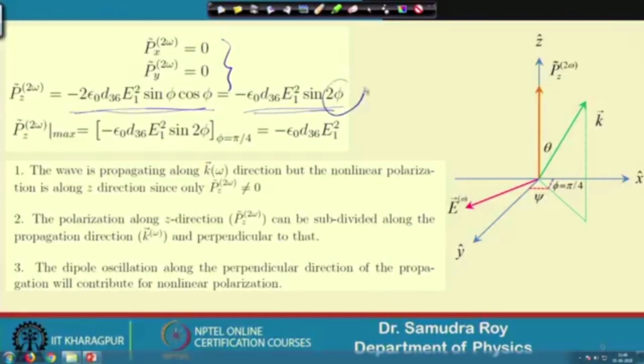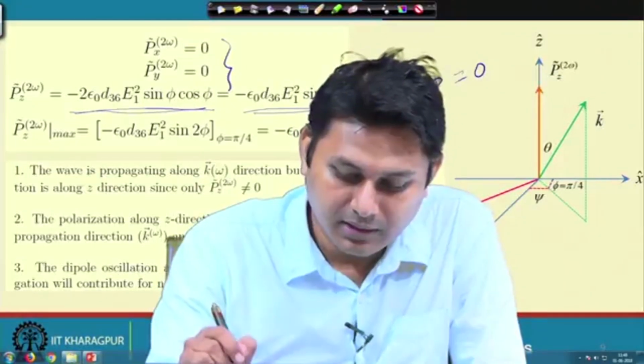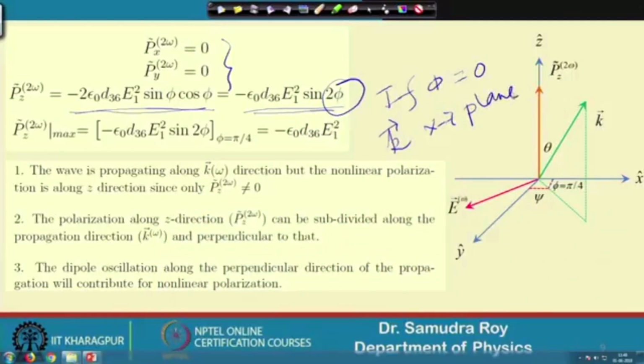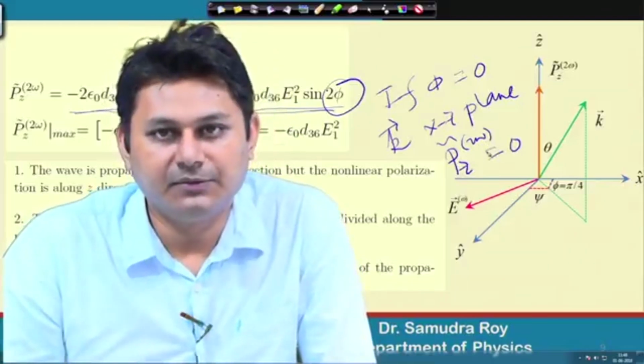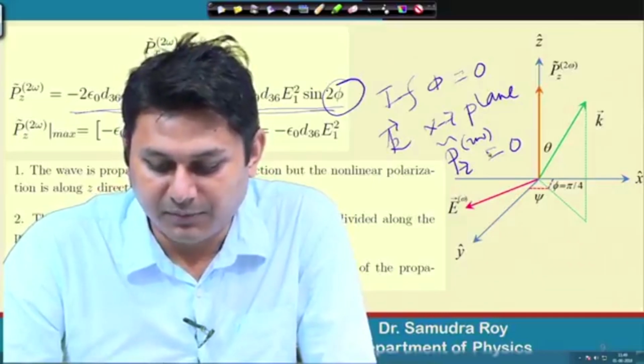So, you can see that this is our phi term in the figure. If phi is 0, that means k is in which plane? Xz plane, then P z 2 omega is 0, which is nothing but the previous case, which we have already found in our previous calculation.